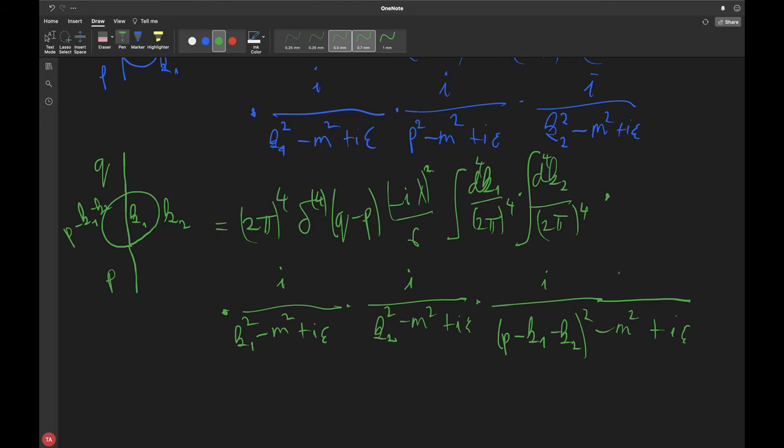So whenever we see certain diagrams, we can immediately write down how the amplitude would look.